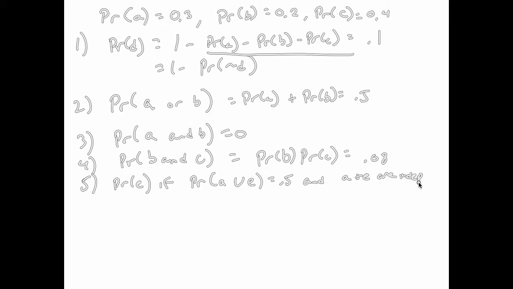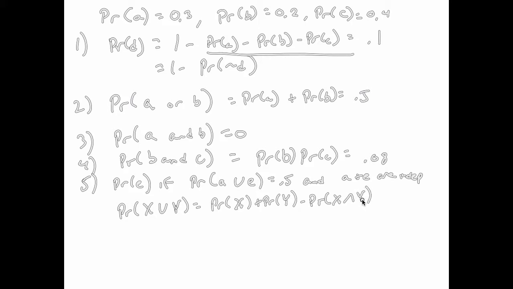Well, this is the trickiest one, so let's figure out how to do this. Now, in general, we can write this. The probability of some event X union some event Y, so this is X or Y, is equal to the sum of the probabilities, right, minus the double counting you do when you do that, right, minus the intersection of X and Y.